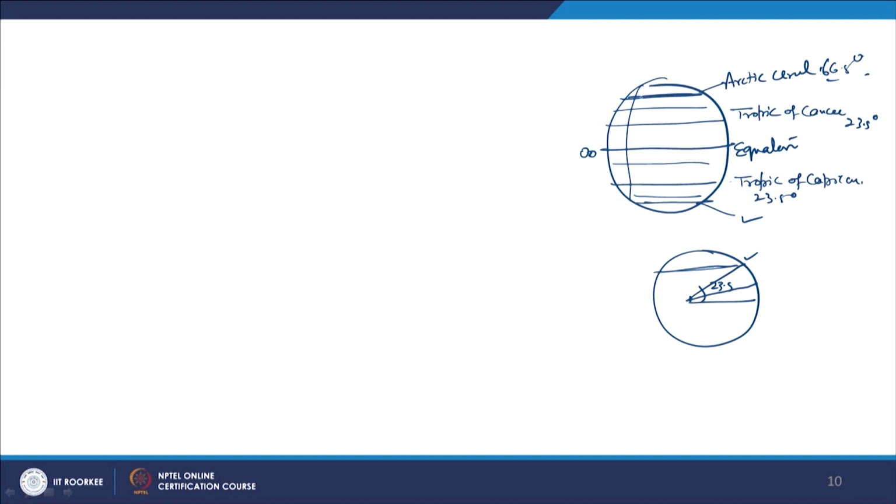Now there are longitudes also on the earth joining the North Pole and the South Pole. If you move along a longitude, the time will not change. But if you move along a latitude, the time will change, right? Earth rotates 360 degrees in 24 hours. So if you take 360 degrees by 24 hours multiplied by 60 minutes, it is 4.